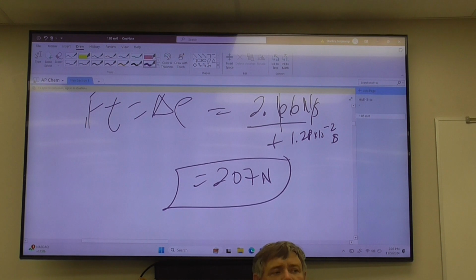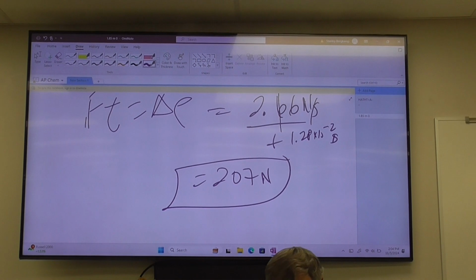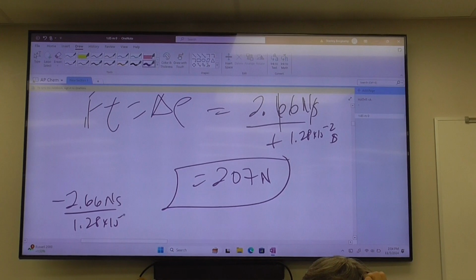Okay? Cool. Now, can we calculate the force that the ball exerts on the Earth? Sure. Do you know the change in momentum of the Earth? Yes. Is the time going to be the same? Yes. So I'm going to take negative 2.66 Newton seconds and divide that by 1.28 times 10 to the minus 2 seconds.